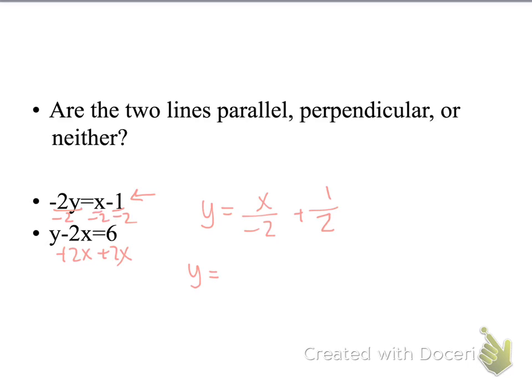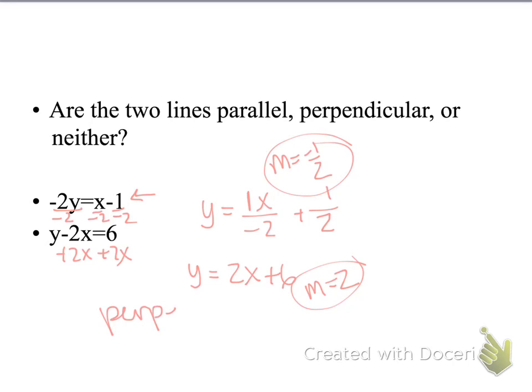And remember, it goes y equals mx plus b. My x comes first. So what number sits in front of that x is actually a little 1. So my slope for that one is negative 1/2. My slope for this one is 2. Those are opposite reciprocals of each other, so this is going to be perpendicular. So you might have to solve for y equals mx plus b to see if they're perpendicular.